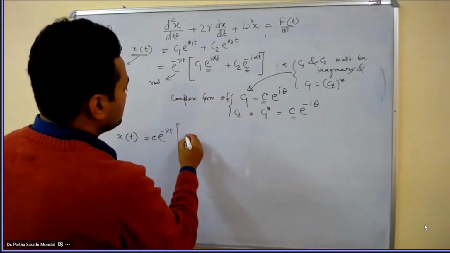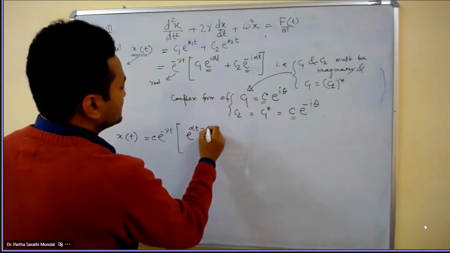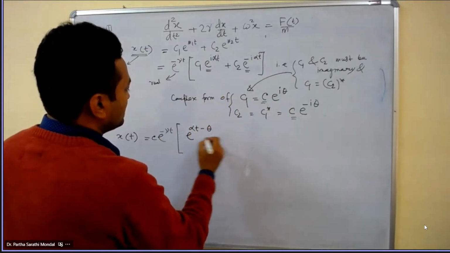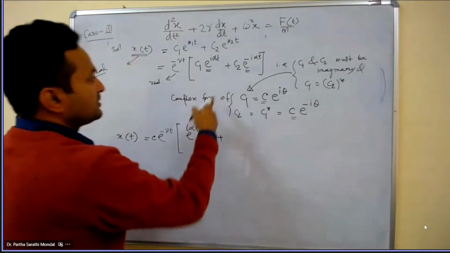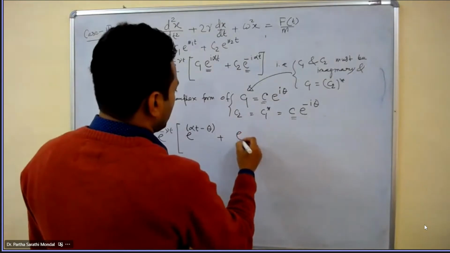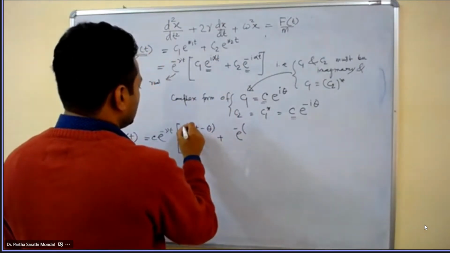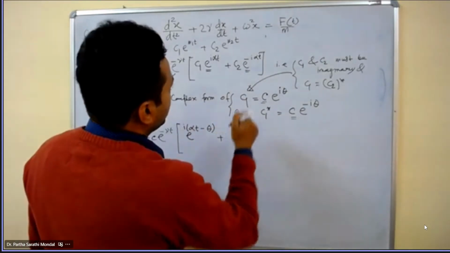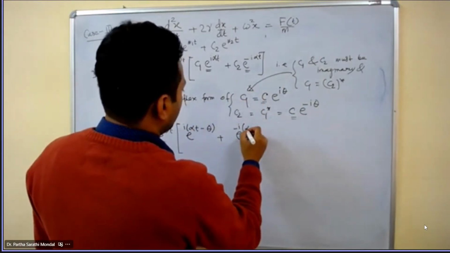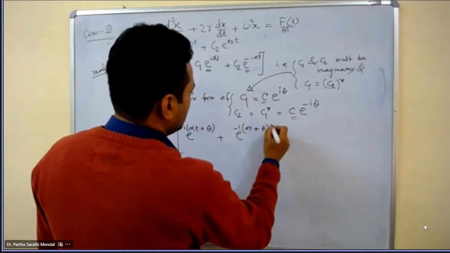Then it will become e to the power i (alpha t minus theta) plus, in this case C2, it will become e to the power minus i (alpha t plus theta).